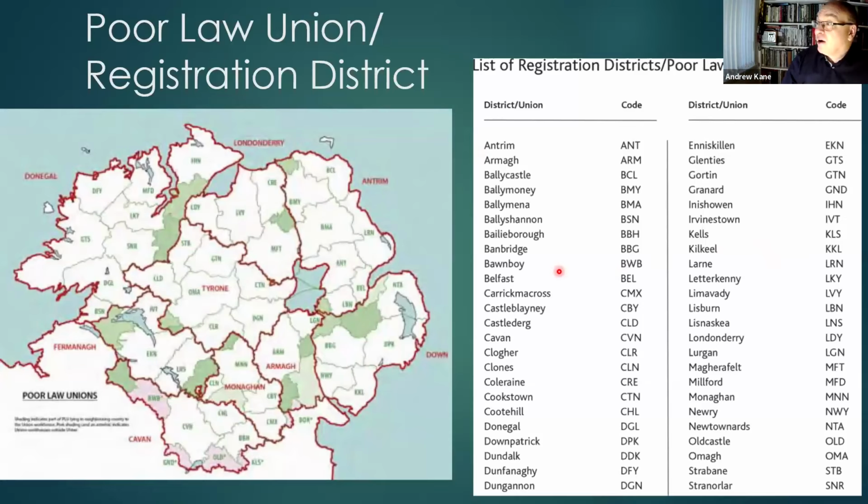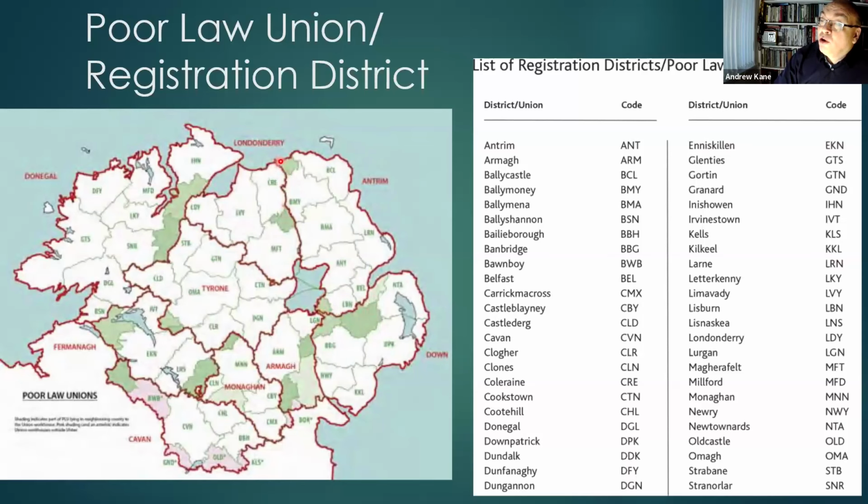Rather than type Carrick-Macross in every time, CMX fitted the job perfectly. And they're in alphabetical order by the code. So whenever you see the code in the index, you can look it up on that list at the beginning of the section.